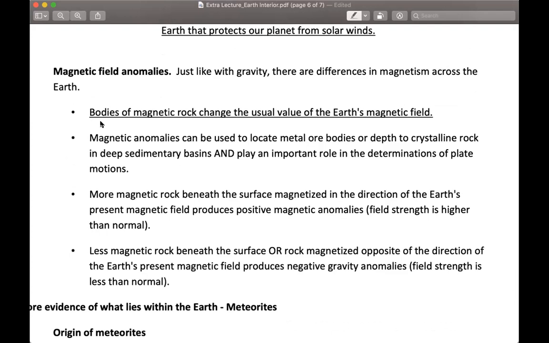These magnetic anomalies are also used to locate metal ore bodies and to find deep rock basins, because if minerals have different magnetic properties, we can detect those magnetic changes, right?